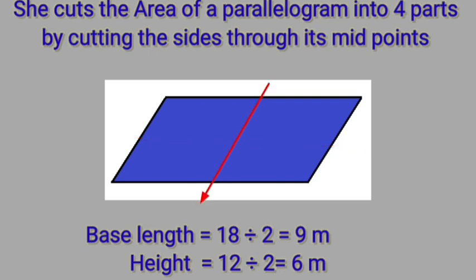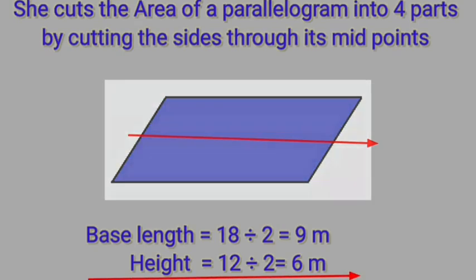When she cuts a parallel side of the length through its midpoint, she gets 2 equal parts. So the total length is divided by 2. Similarly for the height. When she cuts a parallel side of the height through its midpoint, she gets 2 equal parts. So the total height is divided by 2.